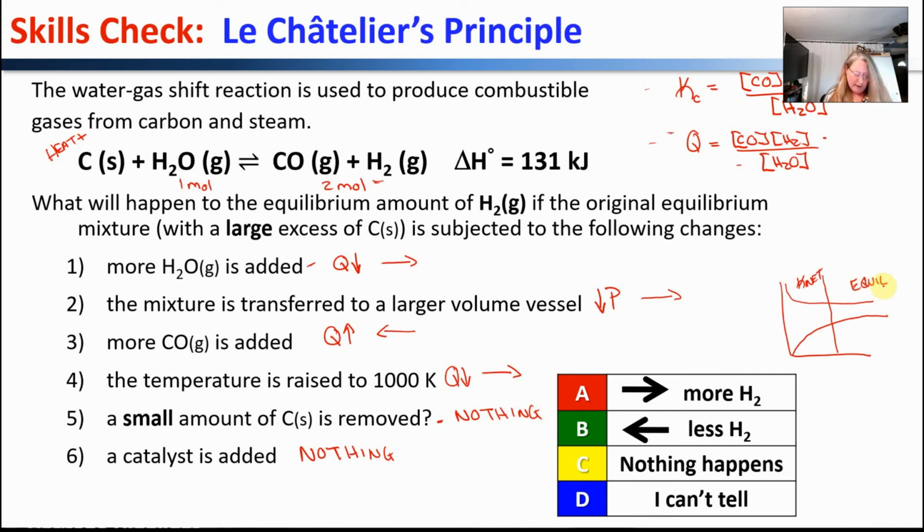Adding a catalyst is just going to make this a steeper slope, something like this instead, leveling off, kind of the same. So it just shifts how quick we get to equilibrium, but doesn't have any impact.